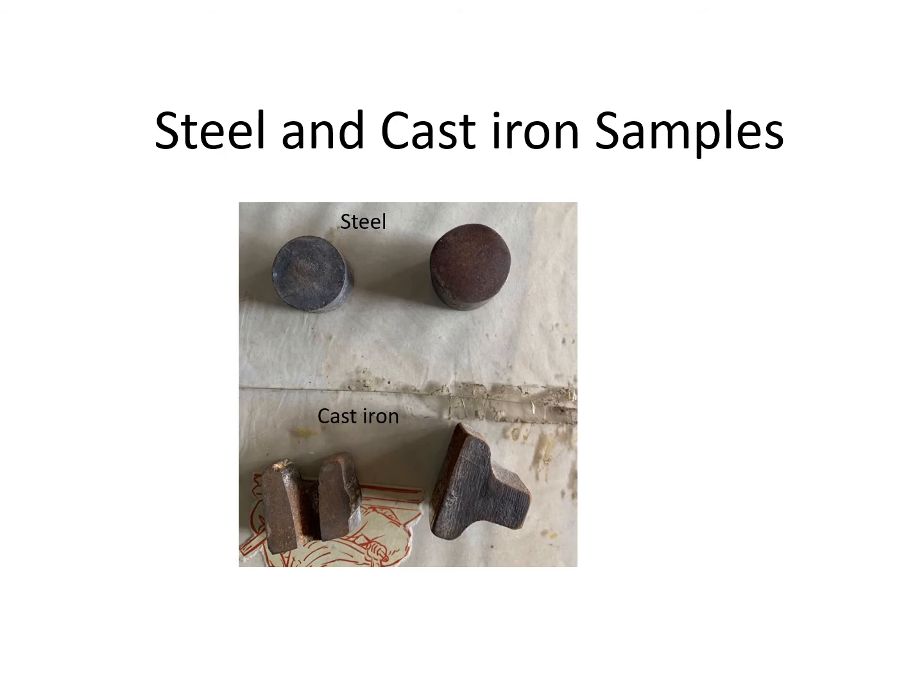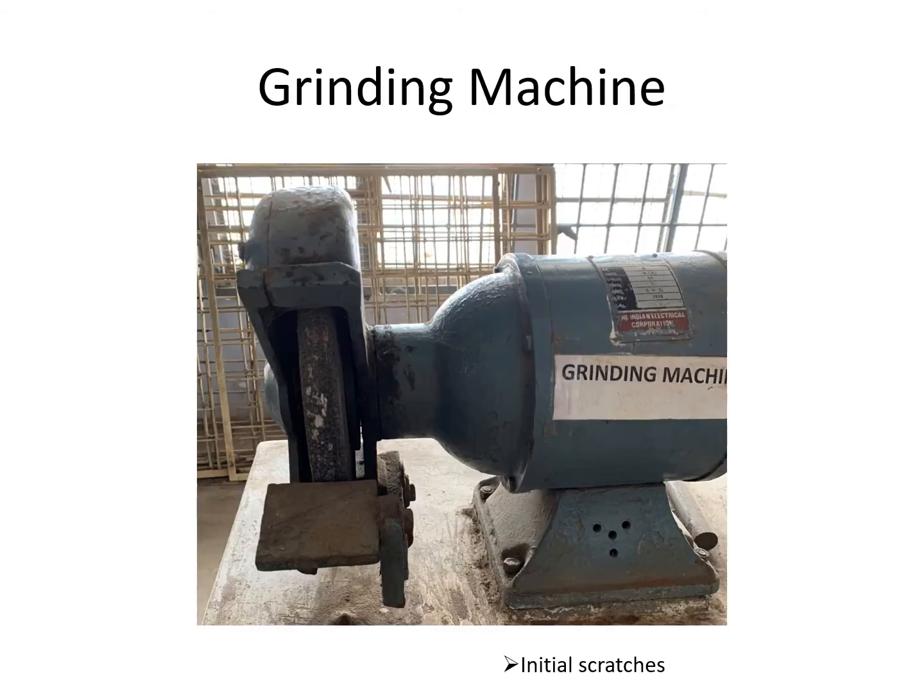For that we need sample preparation. First we need grinding of that surface. For that, this is a grinding machine. Initial scratches are produced on any corroded surface, and the corrosion products will be removed by this rough grinding.